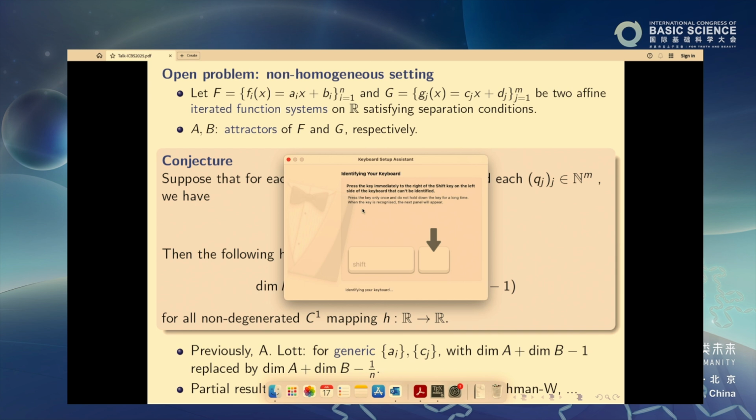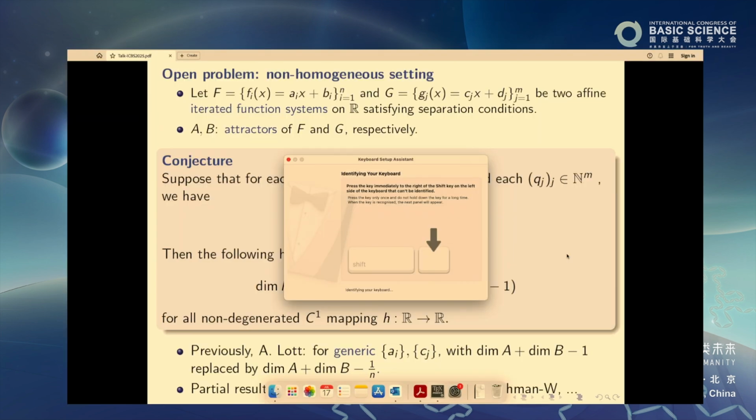I just want to mention that without homogeneity this is still a challenging problem. Maybe I can stop here. Thank you.